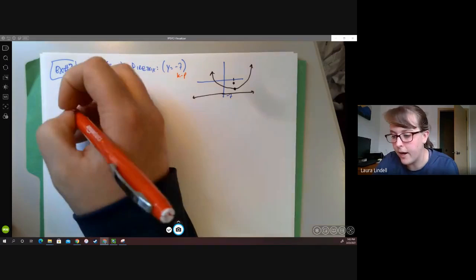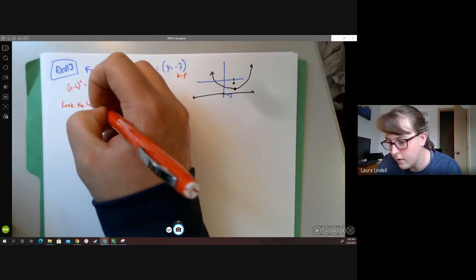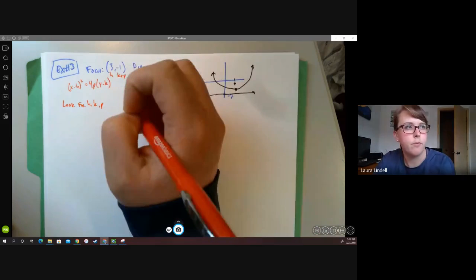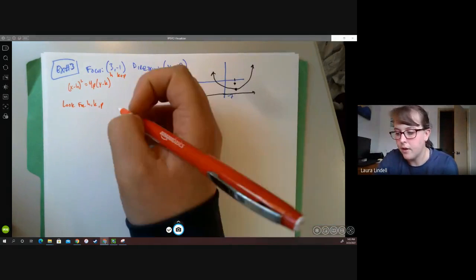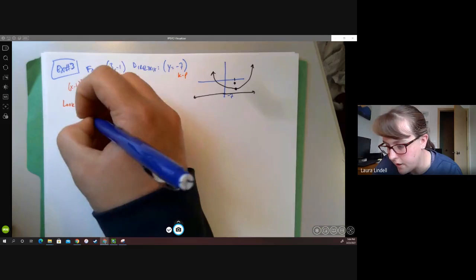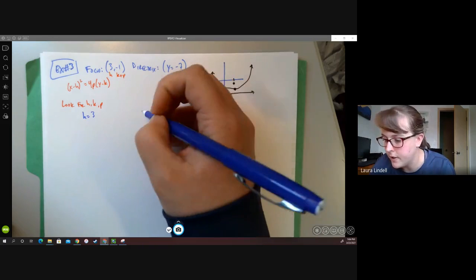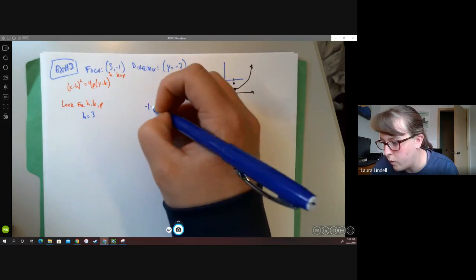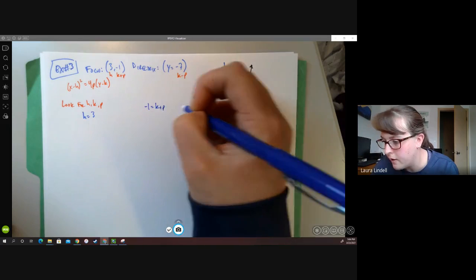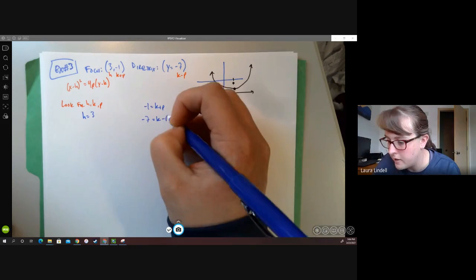So if I'm looking for h, k, and p, like we always are, I know right off the bat that h is 3. Then I know that -1 is equal to k plus p, and I know that -7 is equal to k minus p.